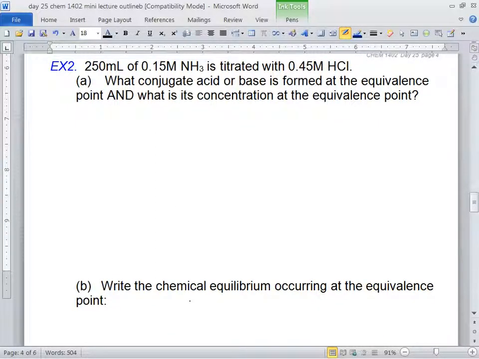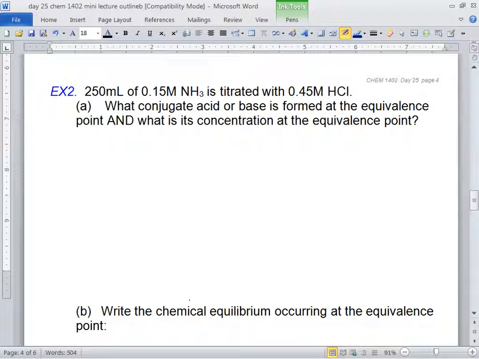Now notice here, you're not titrating with a base, you're titrating with an acid. So you're going to get an acid. That's the big hint. Okay. How do you write the conjugate acid of ammonia?